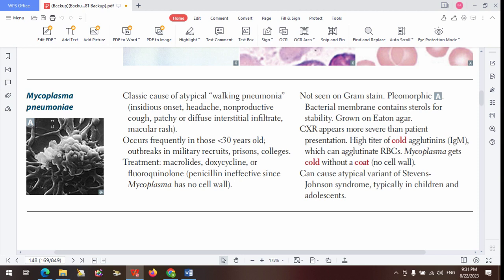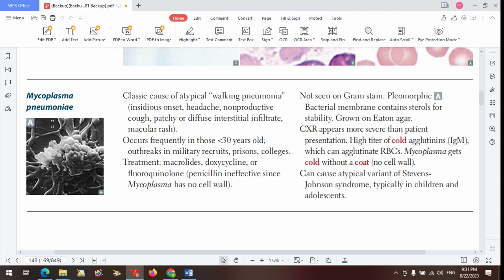In addition, atypical pneumonia has extrapulmonary signs and symptoms. Somebody having a GI problem or CNS problem in addition to pneumonia is likely to have atypical pneumonia. So: non-productive sputum, poor response to classic antibiotics, protracted course, extrapulmonary manifestation, atypical pneumonia.